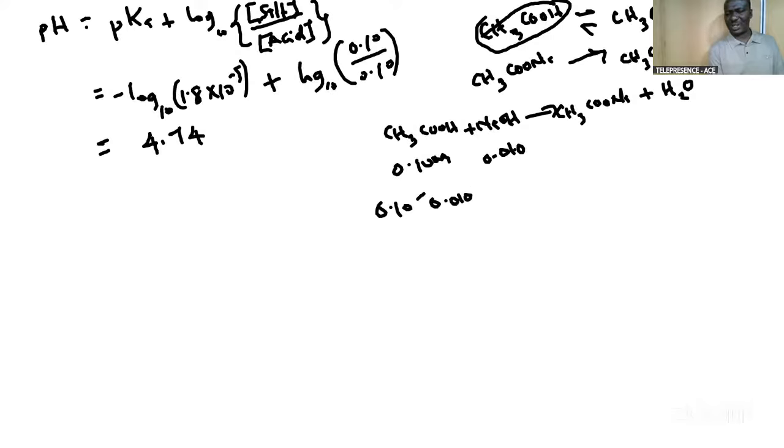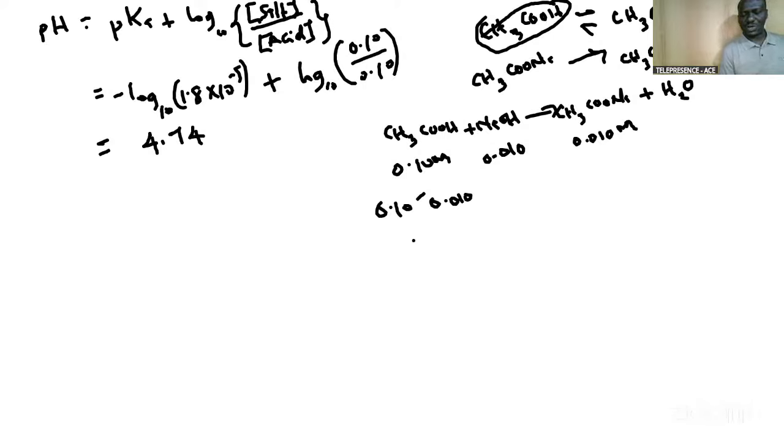So what is left in solution for acetic acid is 0.1 minus 0.01. Let's take note of that. Now, the limiting reagent determines the amount of product formed, so the amount of this formed will also be 0.010 molar. Let's calculate 0.1 minus 0.01, and that's 0.09.